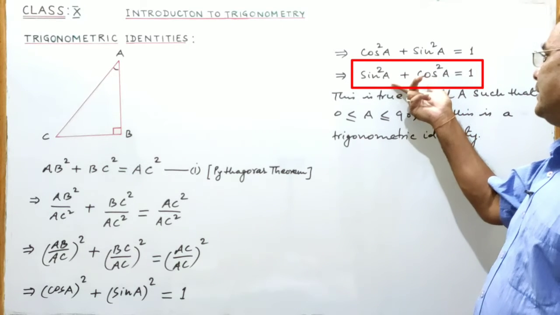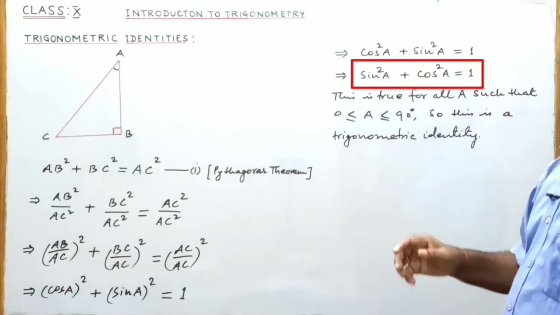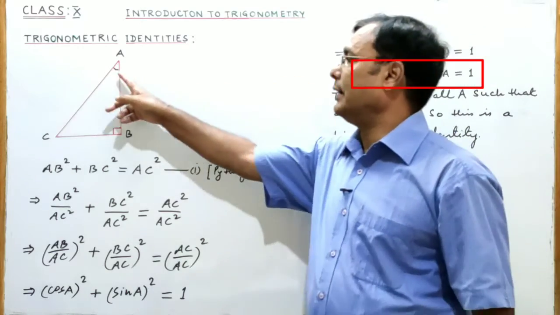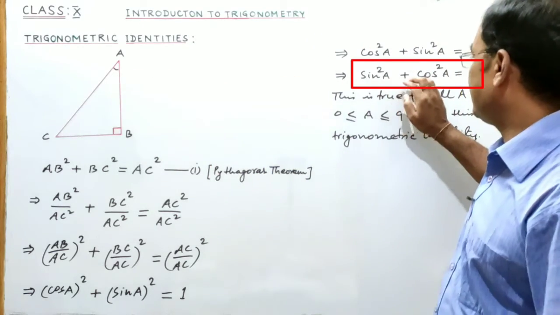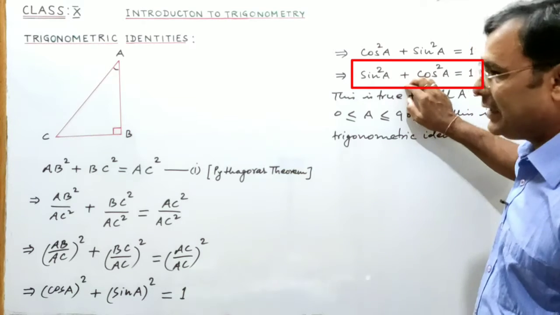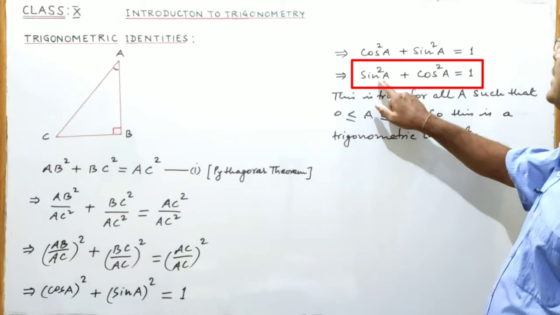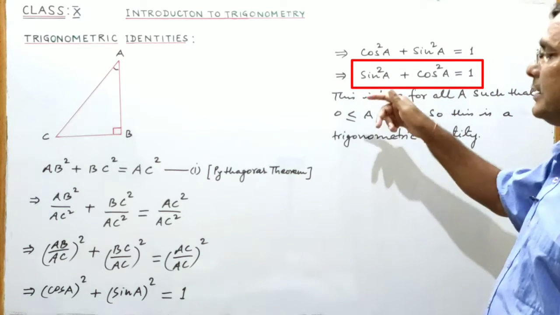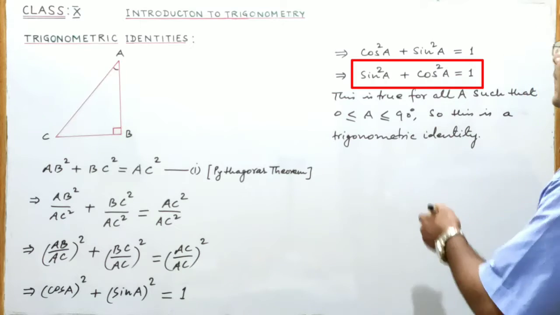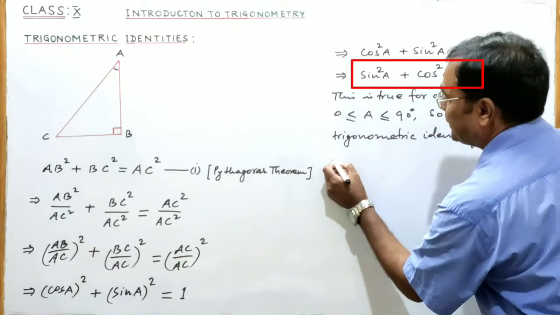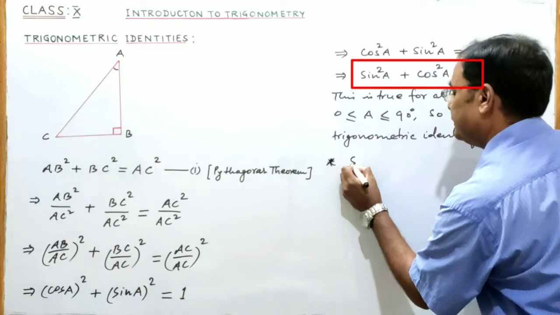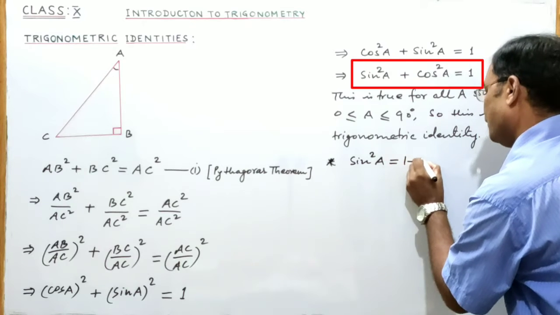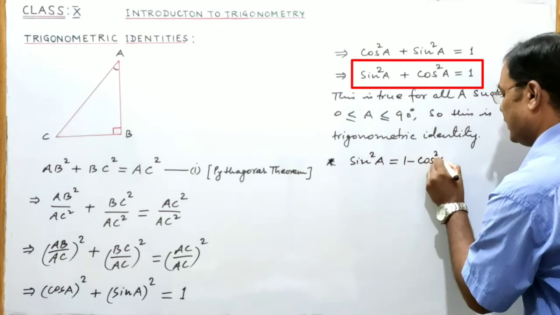Now this is a relation that connects sin A and cos A for acute angle A. So from this trigonometric identity, we can express sin A in terms of cos A, and cos A also we can express in terms of sin A like this. So from here we can write sin square A is equal to 1 minus cos square A.